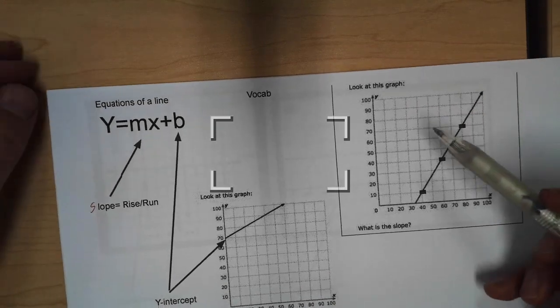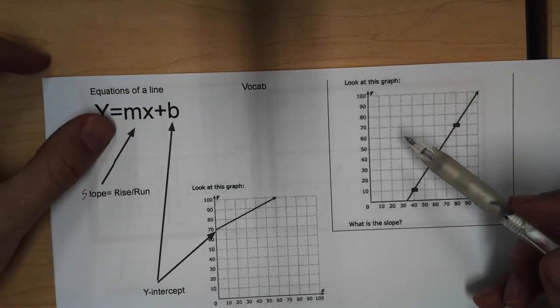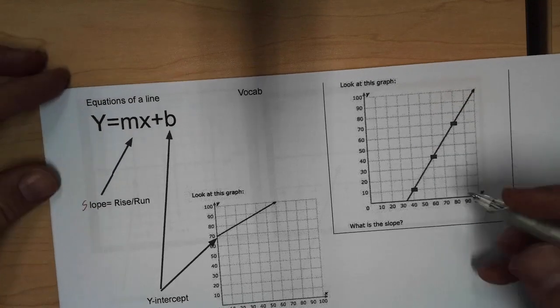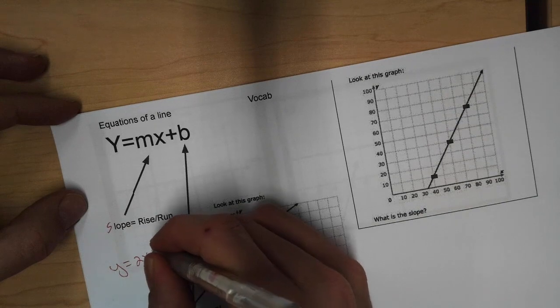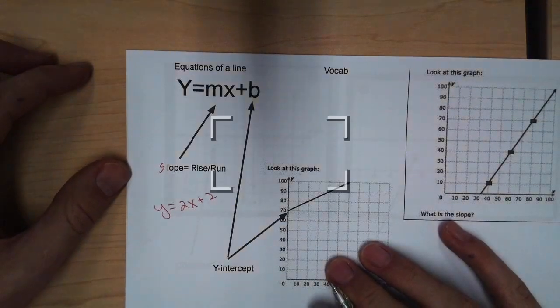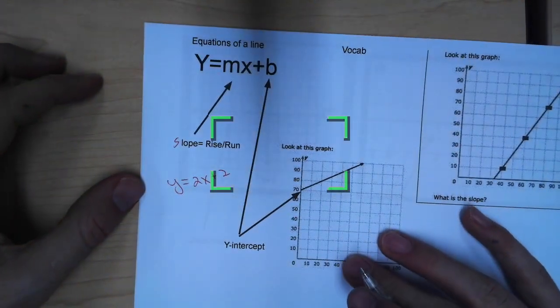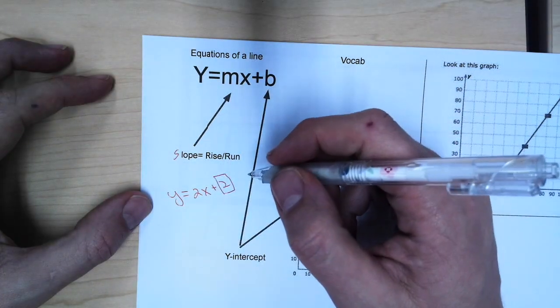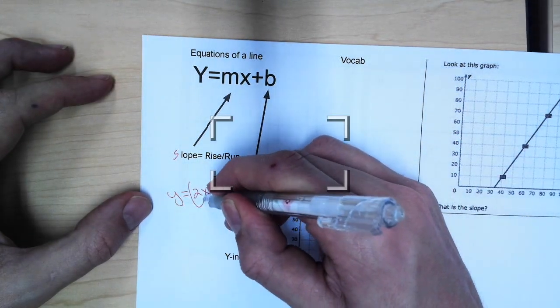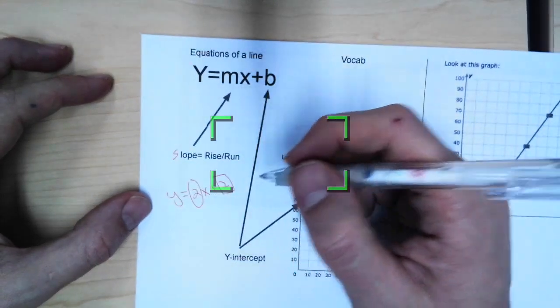For rise over run, which is equal to our slope, if we had an equation like 2x plus 2, what would be the y-intercept? The y-intercept would be 2. And my slope would also be 2.